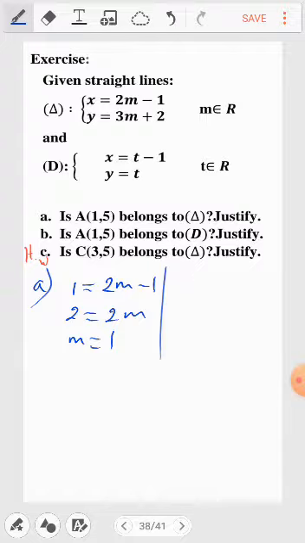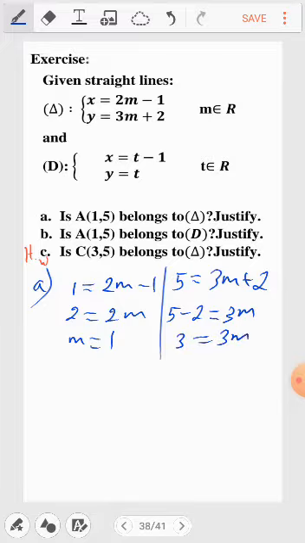So 5 equal 3m plus 2. So 5 minus 2 is equal to 3m, and 3 equal 3m, then m equal 1. So here m equal 1 and here m equal 1. When we replace x, we obtain 1. We replace y, we obtain 1. M equal 1. Therefore, A belongs to delta.